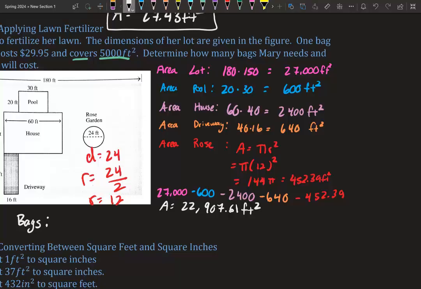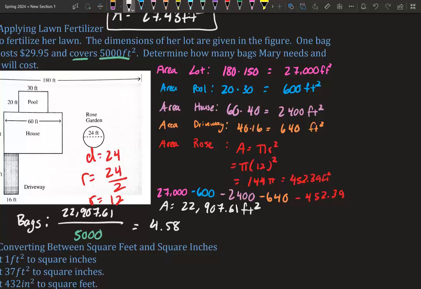So what we have, the area is 22,907.61, and each bag holds 5,000. So when you plug that into your calculator, you're going to get like 4 point something. You're going to get 4.58.